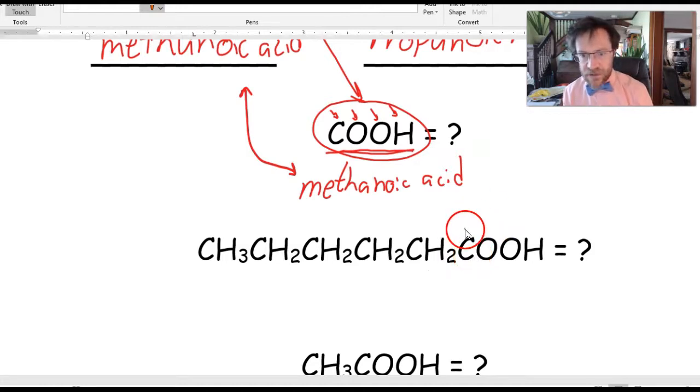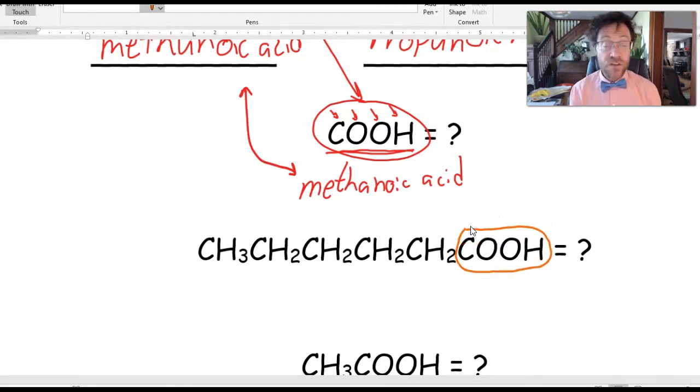Because look, to name this thing, I see right here, that's how I know it's going to be an acid. So all I need to do is count up the carbons and call it oic acid, right? So let's go. Meth, eth, prop, bute, pent, hex, hexane.